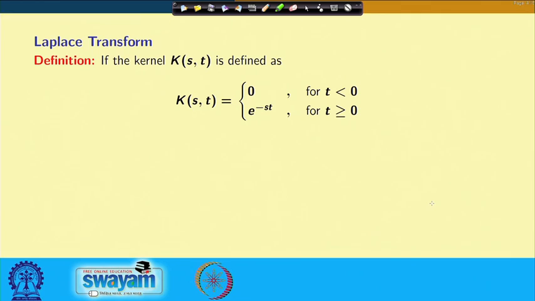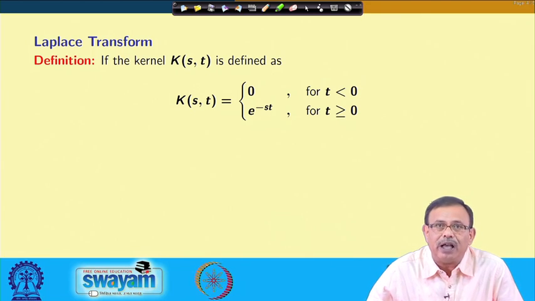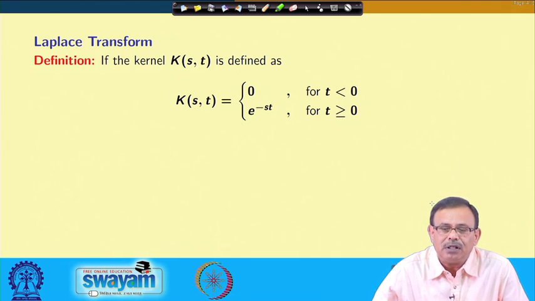how to define the Laplace transform? If the kernel k(s,t) is defined as k(s,t) equals 0 whenever t is less than 0, e power minus st whenever t is greater than or equal to 0.